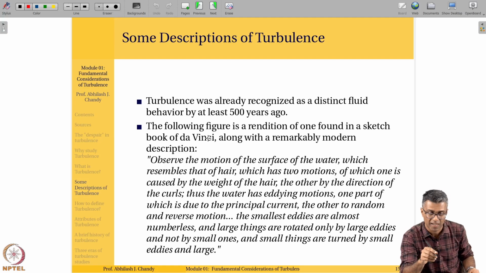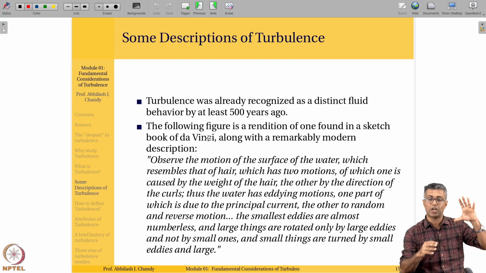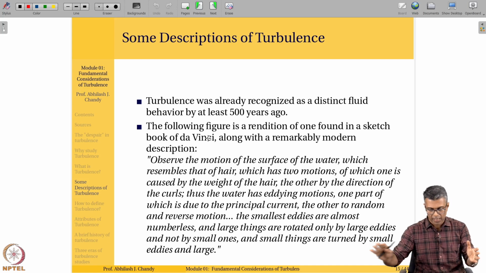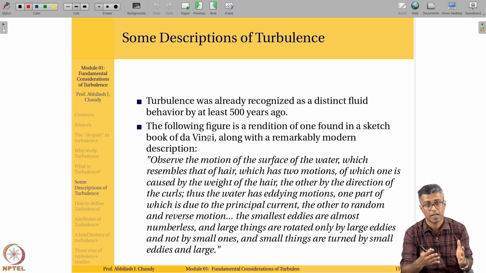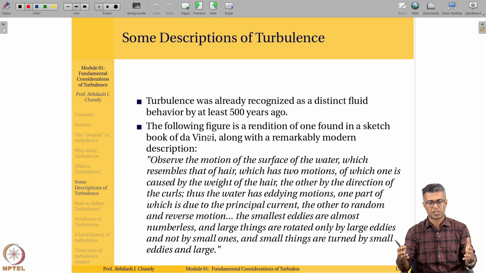What he is trying to say is exactly the energy cascade. The energy goes from the large scales to the small scales. Now we'll describe more of this in a much more systematic and sophisticated way as we learn more details about turbulence. But for now, understand that energy flows from the large scales to the small scales and not the other way around. Unless there's an exception, there are some exceptions, and we'll discuss that later.